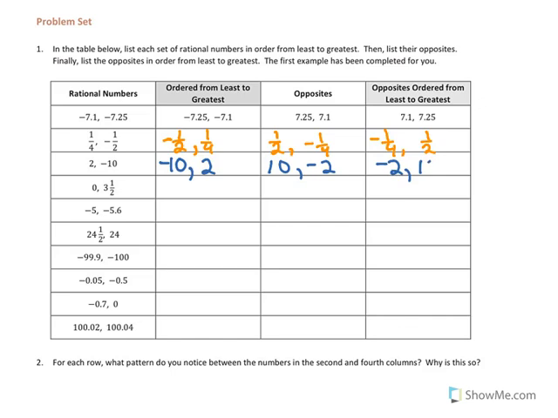Okay, next, 0 and positive 3 1/2. Which one is the least? Which one is the greatest? Zero is the least, and 3 1/2 is the greatest.